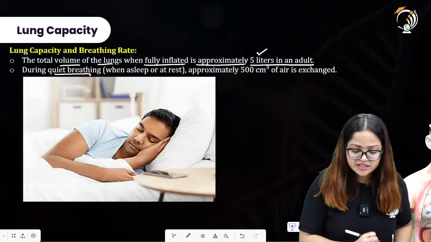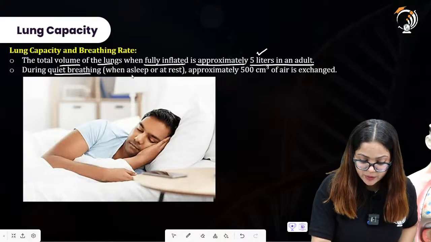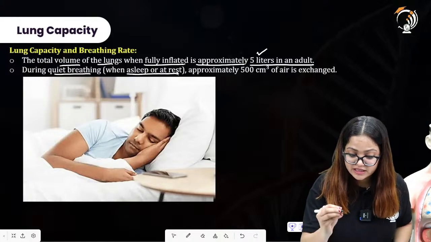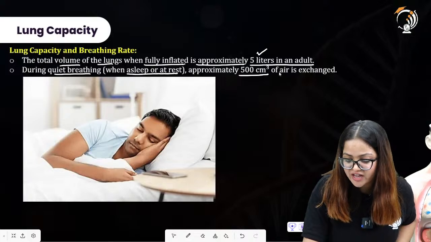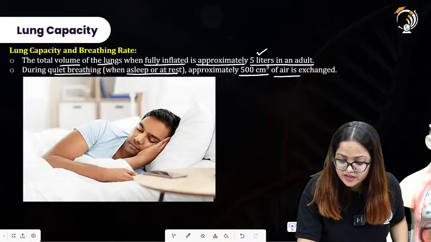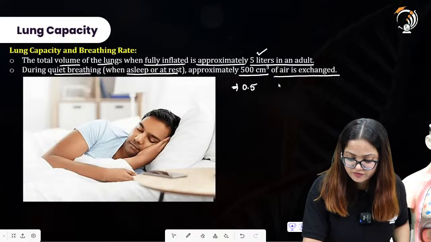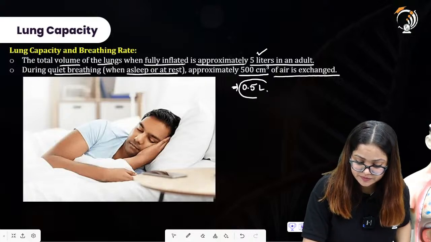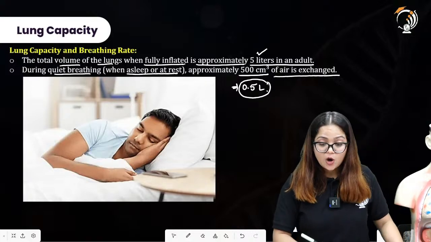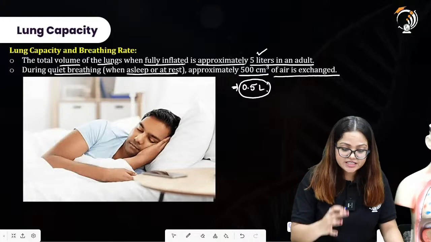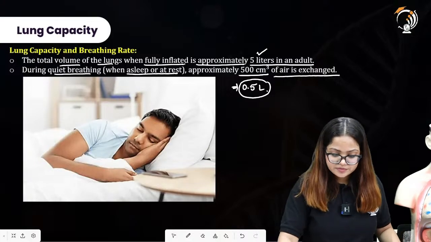During quiet breathing, when asleep or at rest, approximately 500 cubic centimeters of air is exchanged. That comes out to be 0.5 liters of air when we are resting or sleeping.